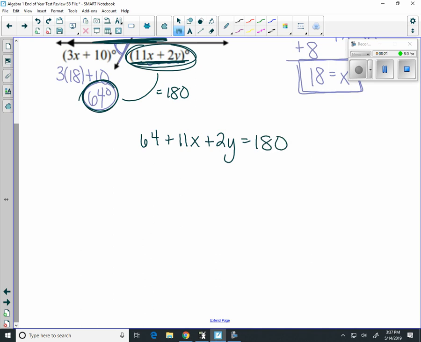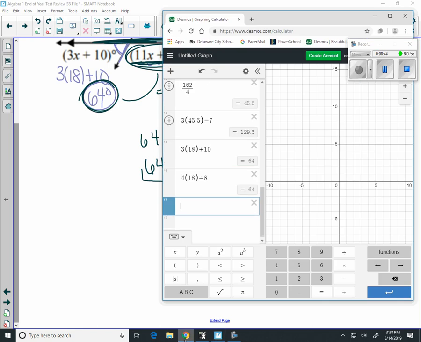Here's the thing, we also know x. X is 18. And now we're down to only one variable in this very last problem on our review. So this, I can put into decimals all in one step if I put it in looking like that. So 64 plus 11 times 18.